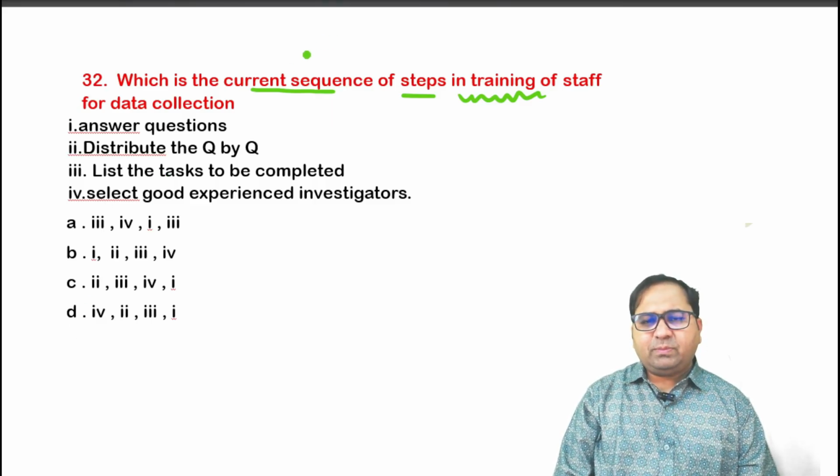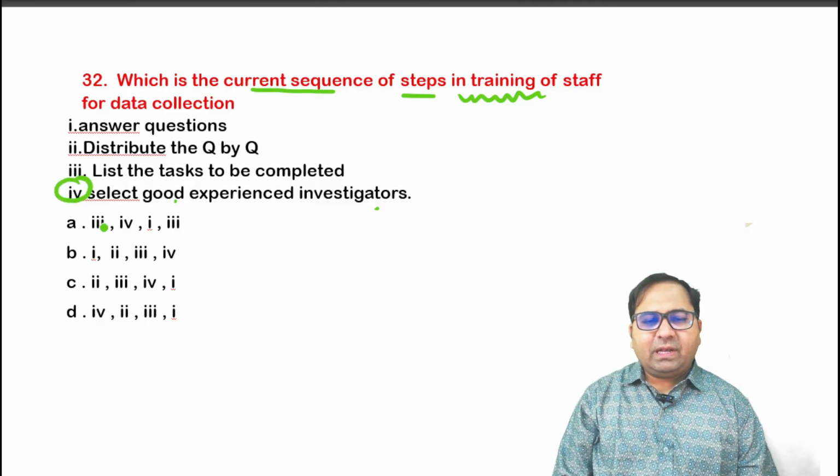The first step, always please remember this point, will be to select good and experienced investigators. Okay, this should be the first step. So let us see where it is. It is over here. So this should be the answer for this question. Now let us see what the other steps are. After you select good and experienced investigators, next you distribute the question by question guide, Q by Q guide.